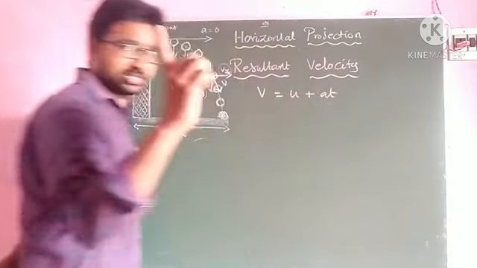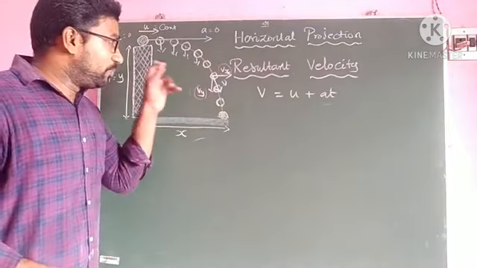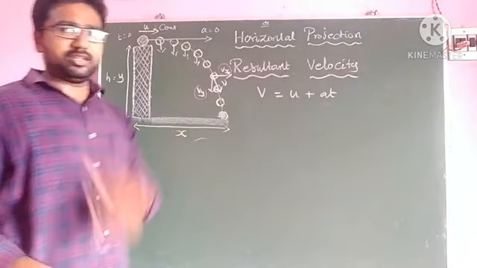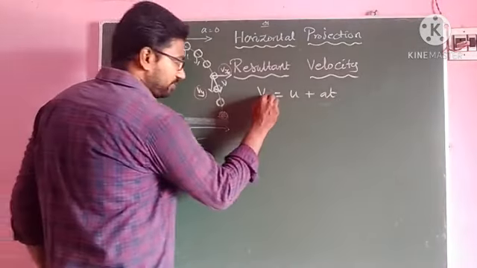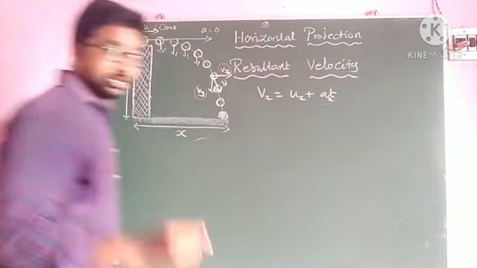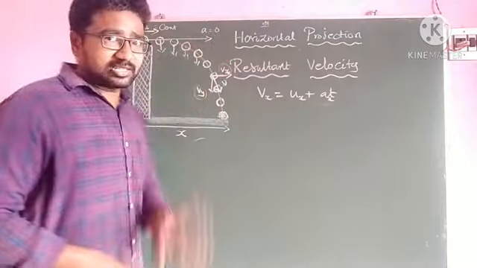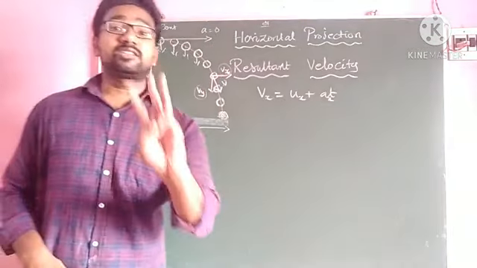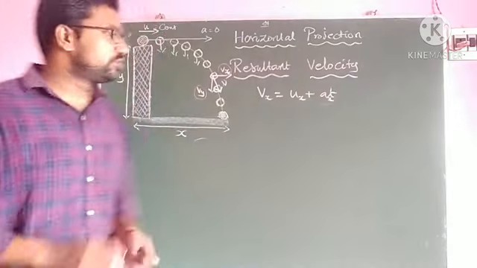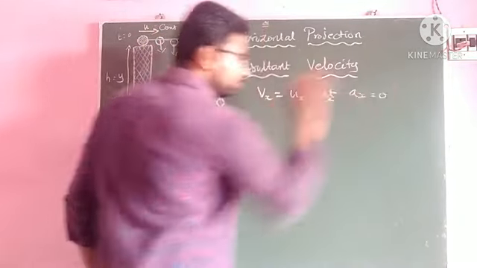This is the first kinematic equation. Now I am going to find the horizontal velocity, so I put Vx, ux and ax. We know very well that when the particle travels horizontally, the velocity is constant, and the acceleration is 0. So in this case, ax becomes 0.